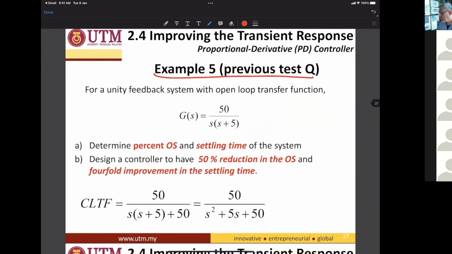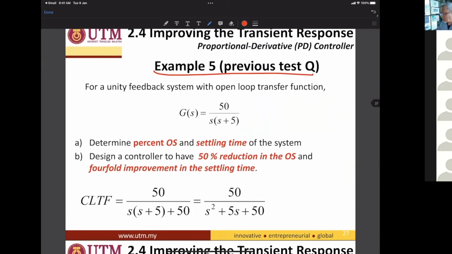Okey, Benny. Cuba lihat contoh kedua. Contoh kedua boleh? Tengok. Ni. Open loop transfer function 50 over S plus 5. Benny tolong komen. Ini transfer functions. Ini second order system.